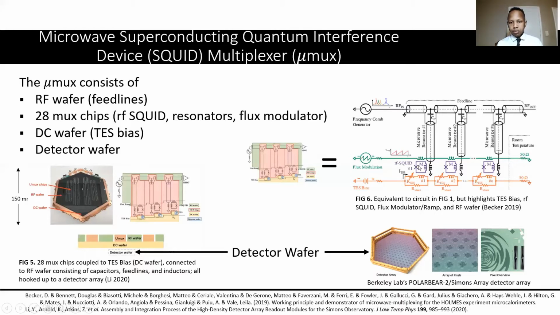So the SQUID is this purple section, the RF SQUID specifically. That creates a change in frequency, which creates a change in phase, which is then collected and travels down on this resonator, and gets transported again into other electronics that process that as information and data to be analyzed by researchers at the Simons Observatory. In the next slide, I'm actually going to break down a bit more into details about each of these components that I've mentioned.